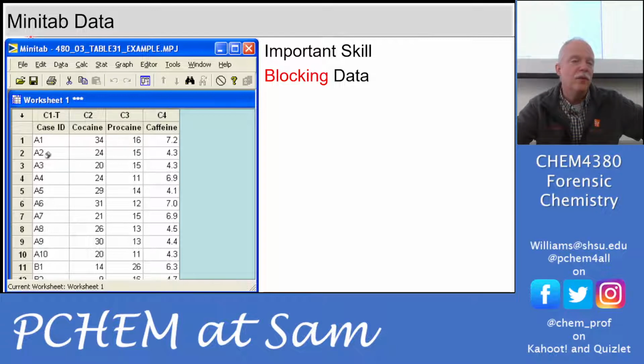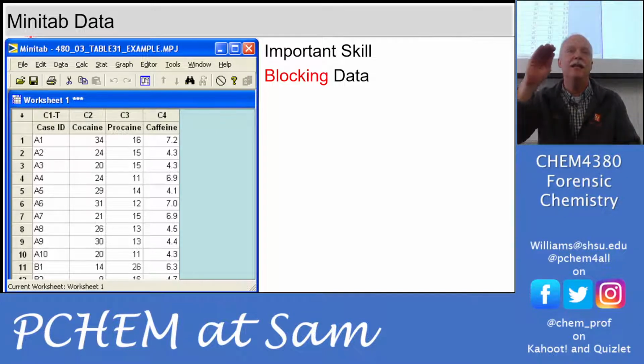So the computer cannot tell that A1 and A2 are from the same batch A, unless you split those into separate columns. If you just enter the data as it is given to you on a spreadsheet, and it's A1, A2, A3, that's going to really confuse the computer because it's not blocked by A. You need a separate column that has just A's in it.